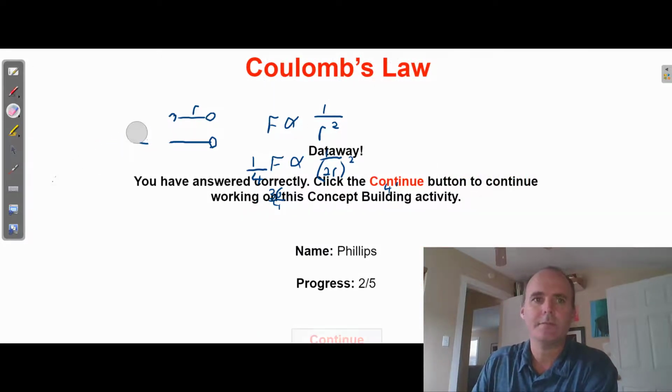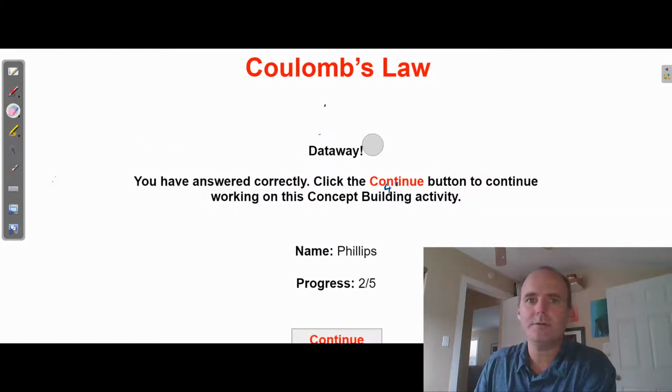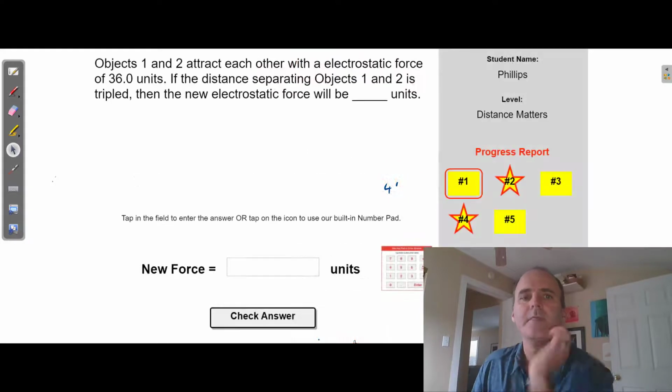All right. This one I'm going to do without writing down all the steps. So let's do this one just in our head. Okay, object 1 and 2 attract each other with a force of that.